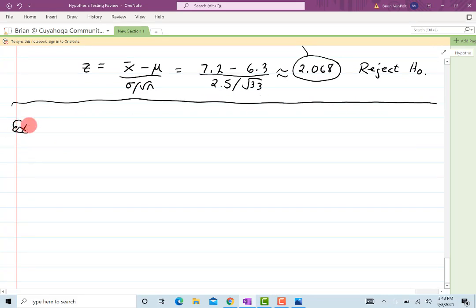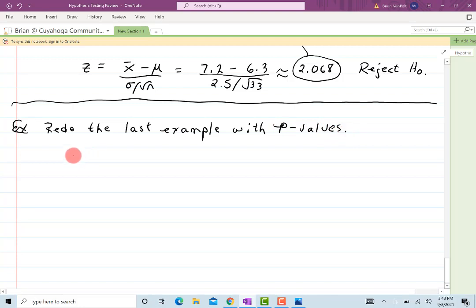Finally, let's redo the last example with p-values. All right, let me write down all the information that we had.